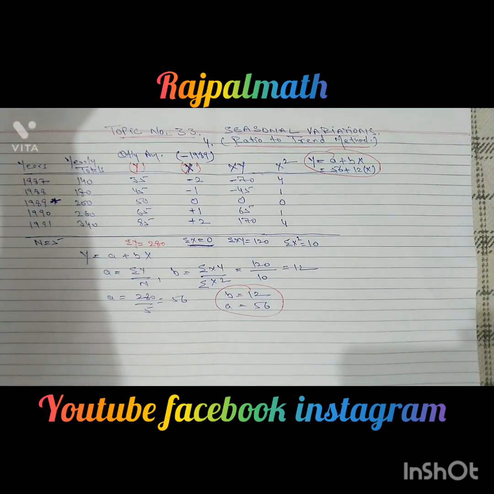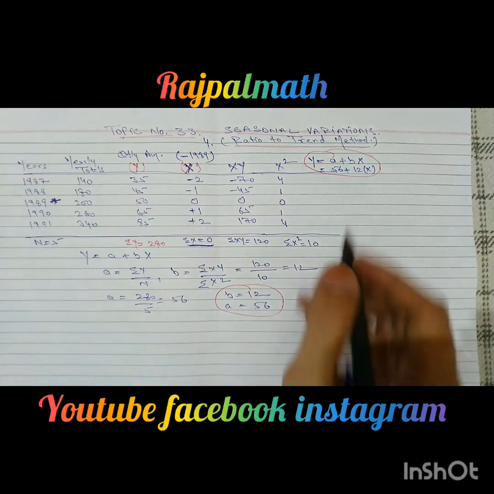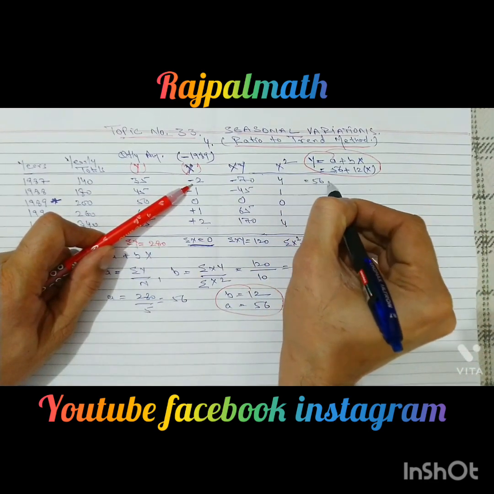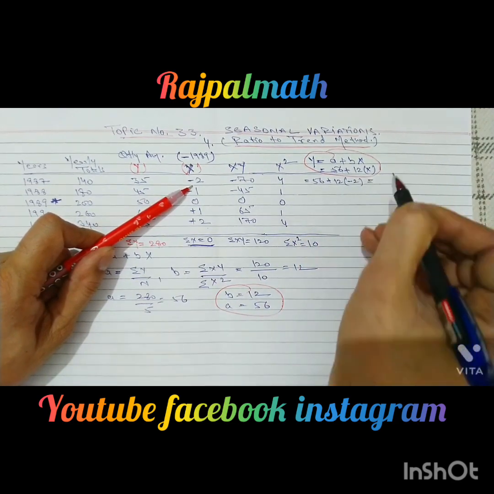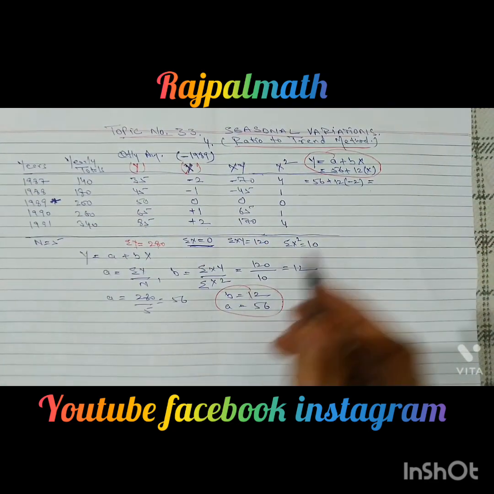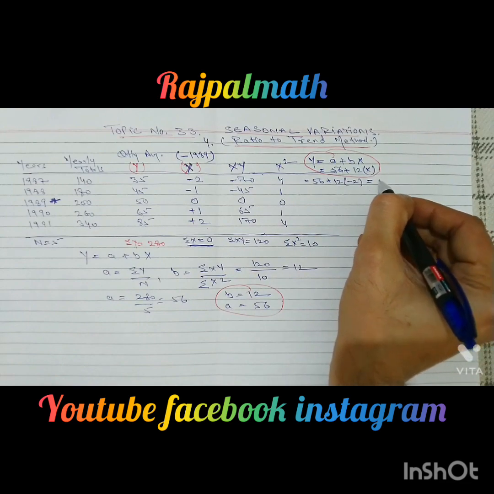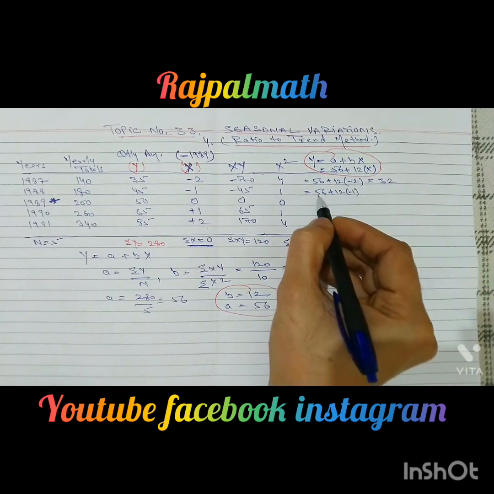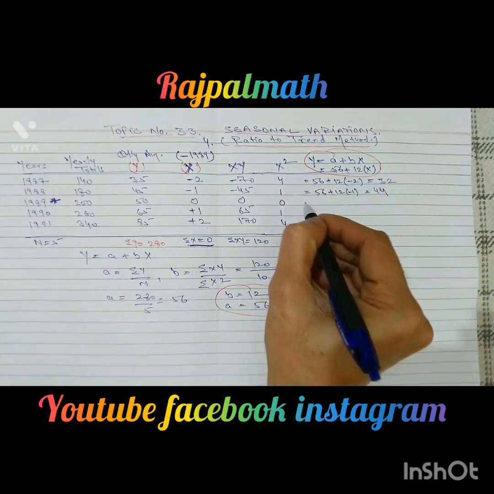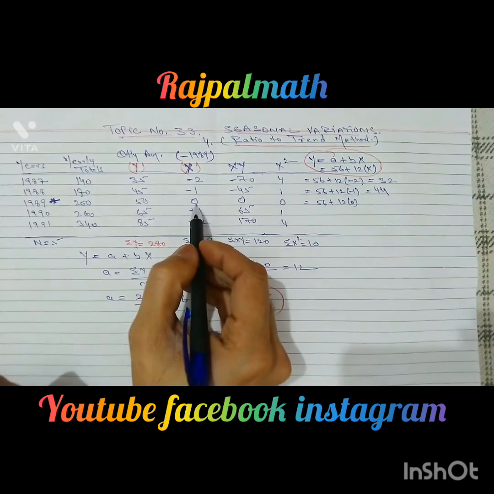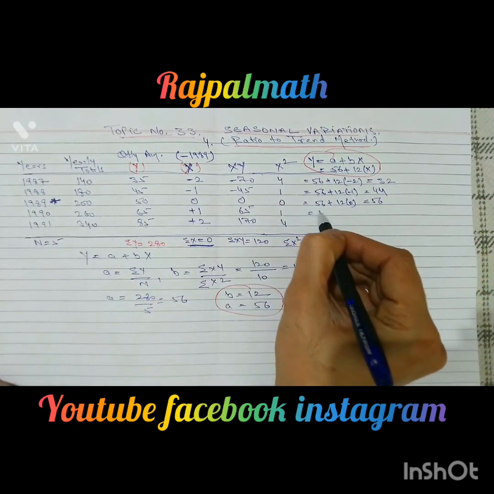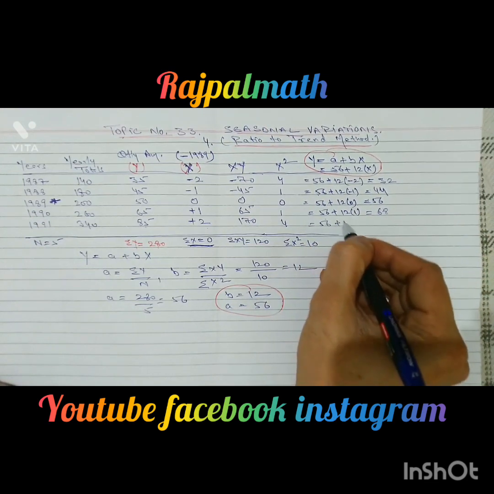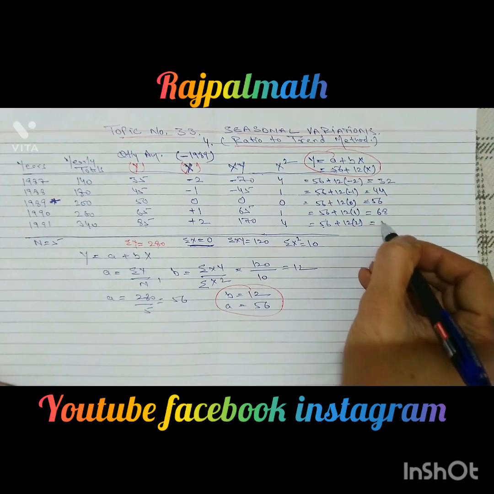For x equals -2, 56 plus 12 into -2, means 56 minus 24, which is 32. For x equals -1, 56 minus 12, 44. For 0, 56. For 1, 56 plus 12, 68. For 2, 56 plus 24 comes out to be 80.